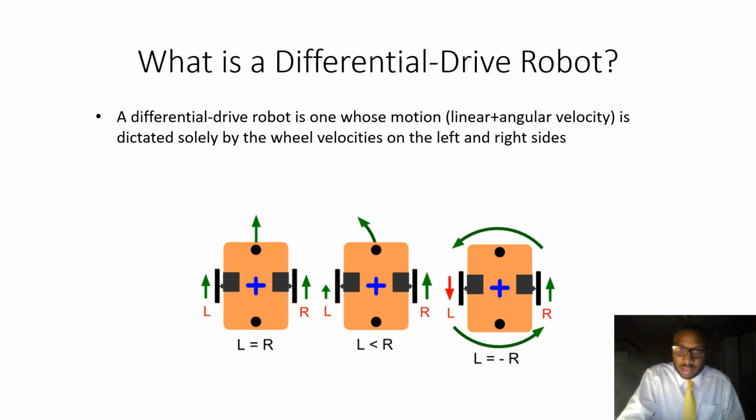In this last case, the right wheel is moving forward while the left wheel is moving back, which causes the robot to rotate in place at double the angular velocity that it would with just one wheel. All of this is going to be important, as this is the basis for the kinematic model that I'm going to use when implementing the navigation algorithm, amongst other things.